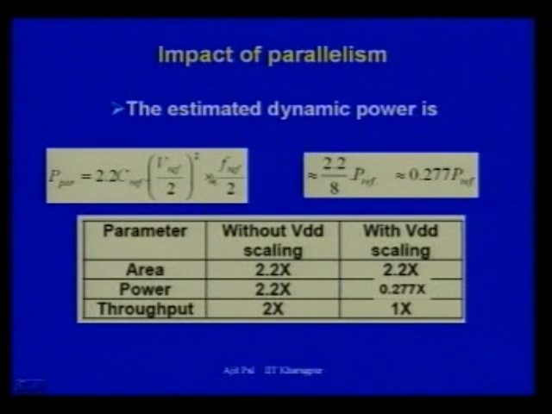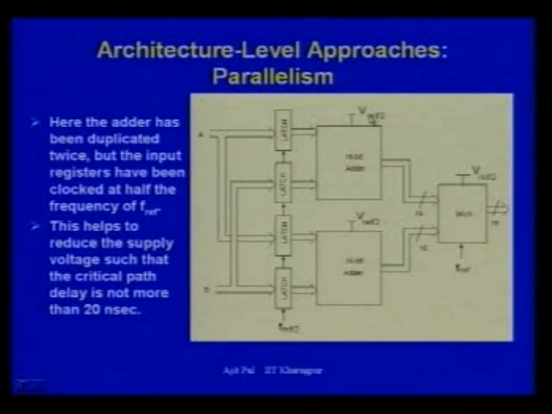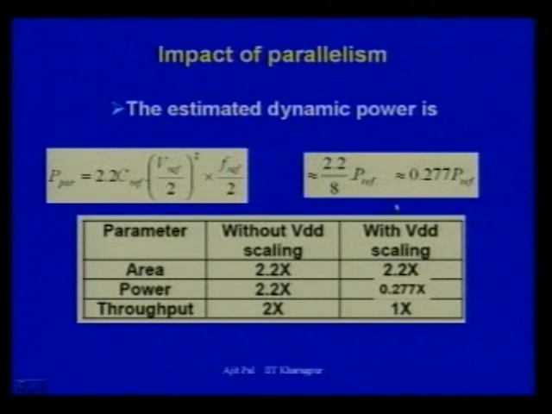You have also reduced the clock frequency by 2. Clock frequency is reduced by 2, supply voltage is reduced by 2, keeping the throughput the same. What is the outcome? Now the power dissipation is 0.227x.